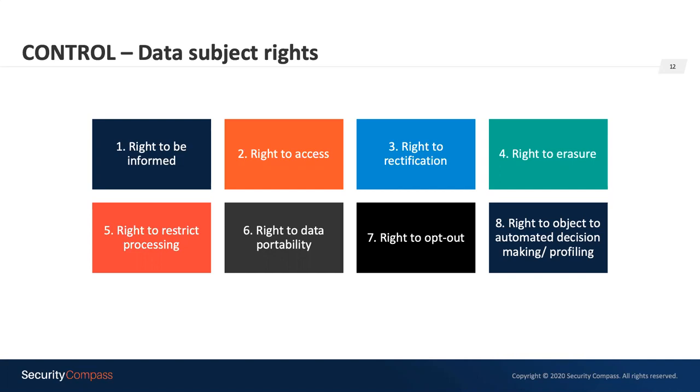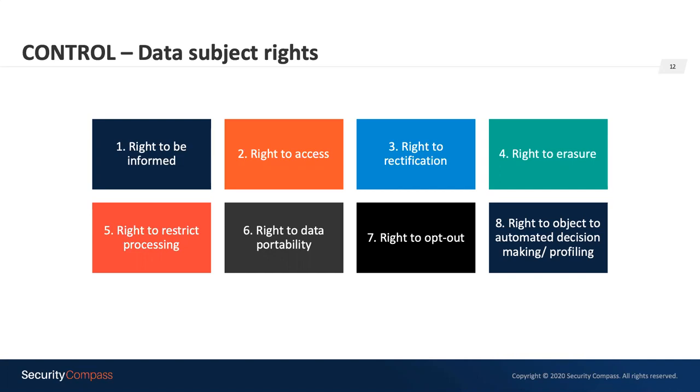So this might include being able to download a record of the data a company has about you, and being able to transfer this to another service, so you can continue using a different vendor for your services.